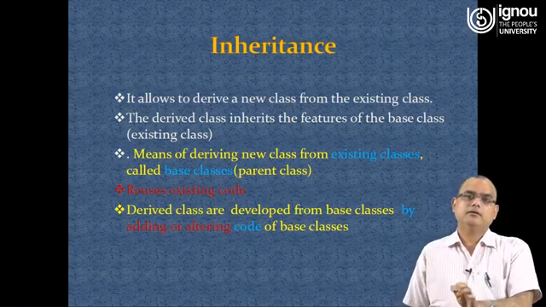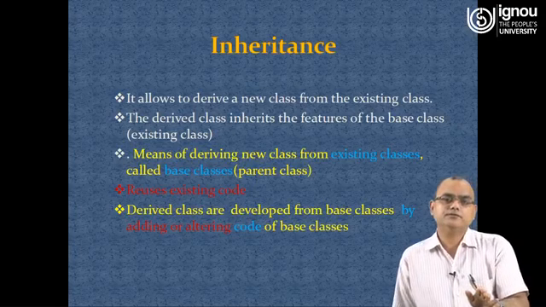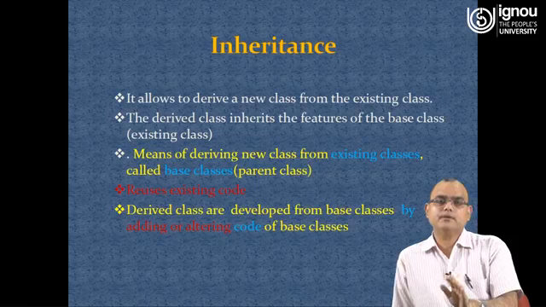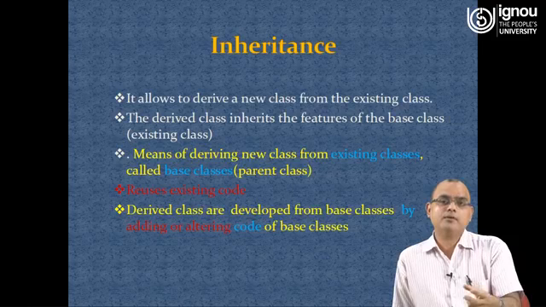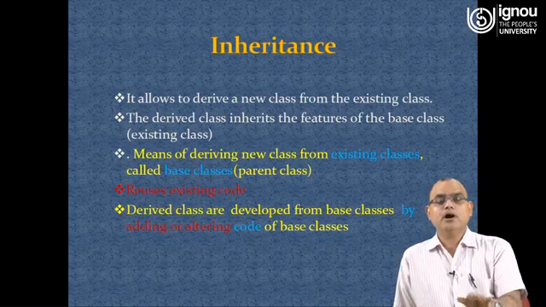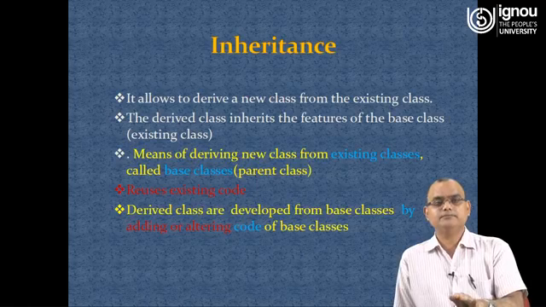Now let me move towards one important concept in object oriented programming, that is inheritance. Basically, inheritance provides us the facility of using the existing program code to make our program cover more aspects, or extendability. What is the meaning of it?